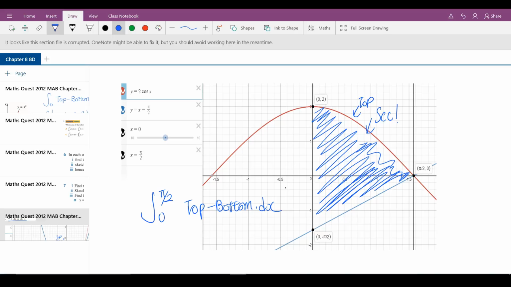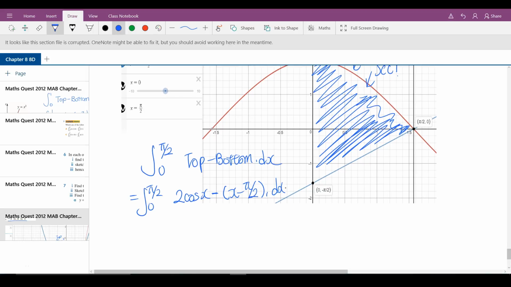Top minus bottom, so y is equal to, so this is the 2 cos x minus (x minus pi over 2), integrate with respect to x, right? Now most of you must wonder, why do I keep writing the bracket here when it's so obvious? But you know, it's a habit.